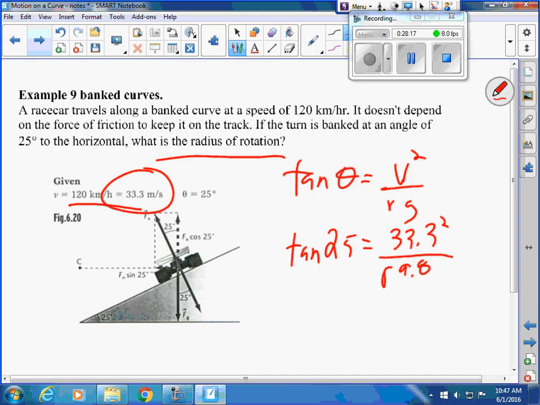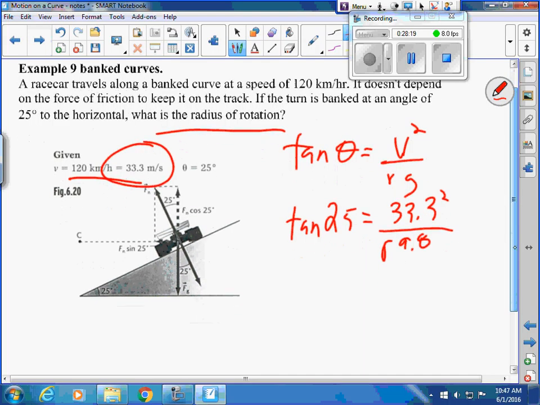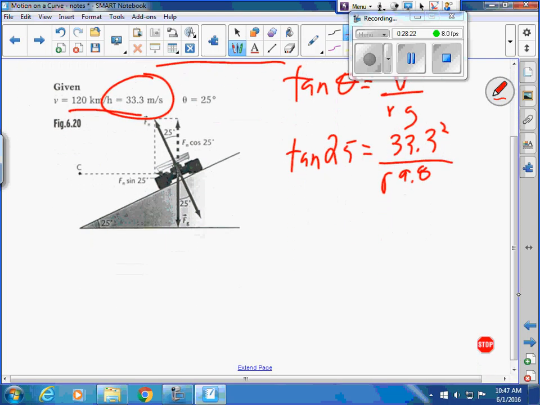Now, sometimes people have a little trouble with the math here, right? So we're going to cross multiply. We're going to bring the R up to the left. We're going to bring the tan 25 down. 33.3 squared all over 9.8 tan 25. You do have to be careful when you've got more than one thing on the bottom. Use some brackets, because that's a common mistake.